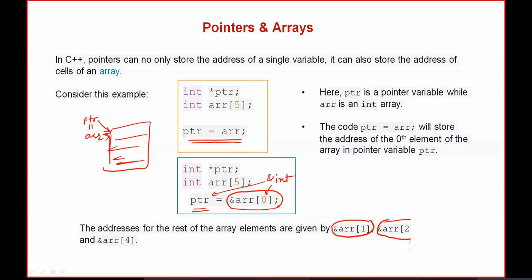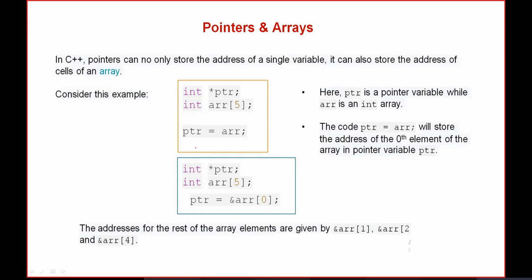Got it? That is why pointer being assigned to a pointer will not use the ampersand. If I create another pointer qtr and I say qtr is equal to ptr, then qtr is another pointer which is pointing to the same memory location. Right? That way it is.